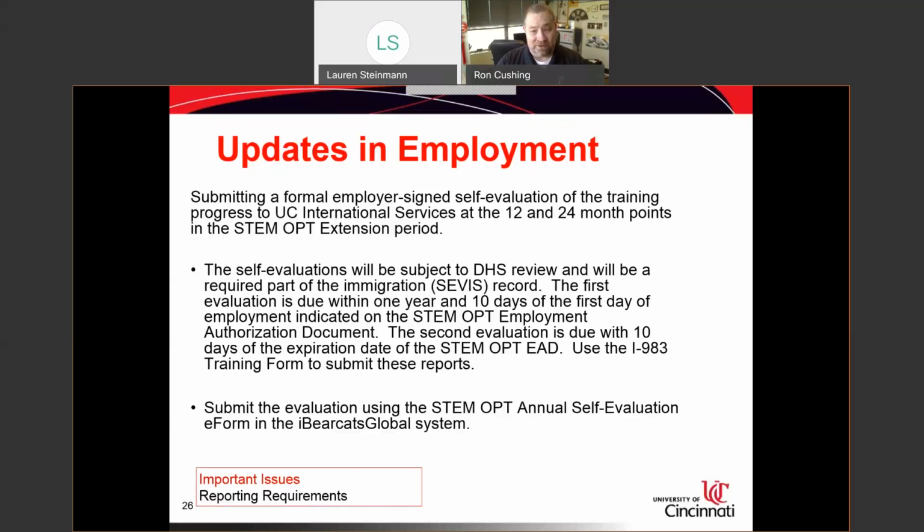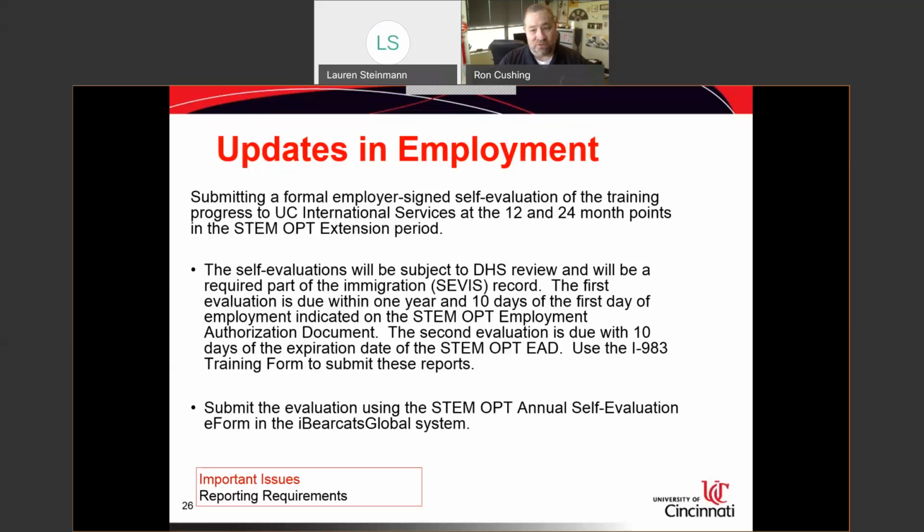That means no later than January 10th, 2022, that first 12-month evaluation I-983 has to be filed with us. And then the same with the final evaluation. You have a 10-day window from the date your STEM OPT extension ends to get that final evaluation to us. Make sure that you do this.